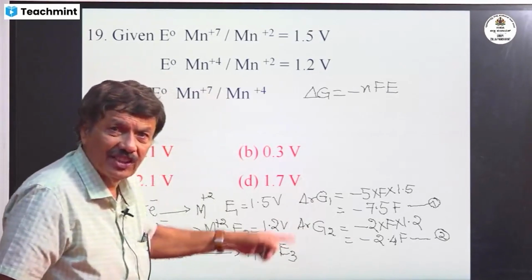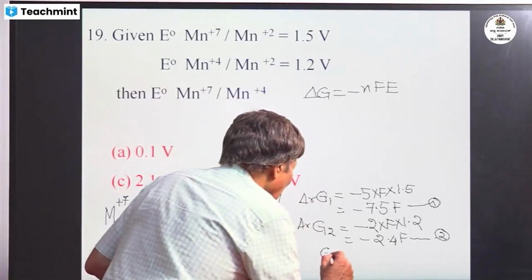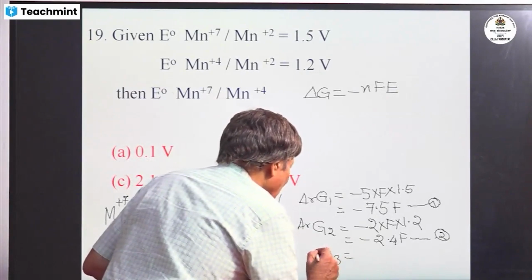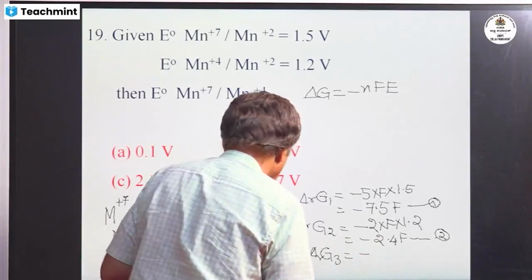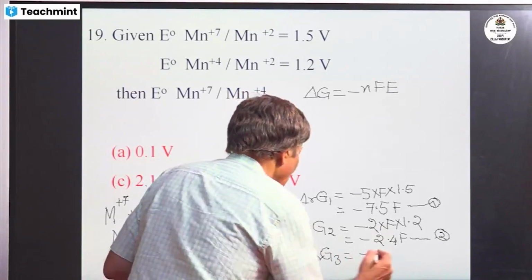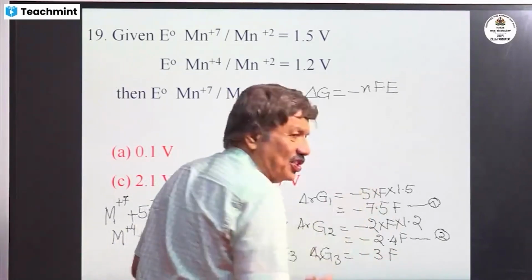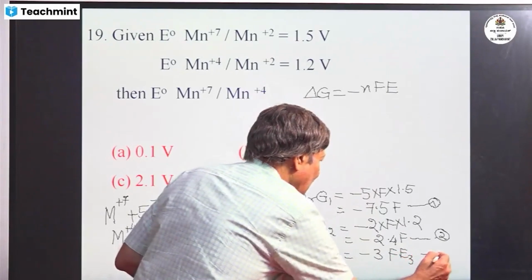What you have to find out is E3. Then let me write delta G3 as minus 3 times, electrons being 3. Then F we don't want to substitute; you write it as E3. It is equation number 3.